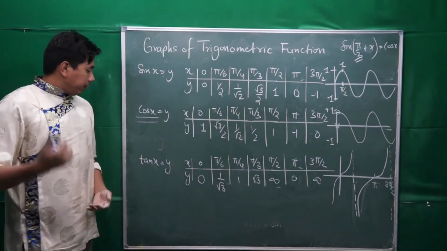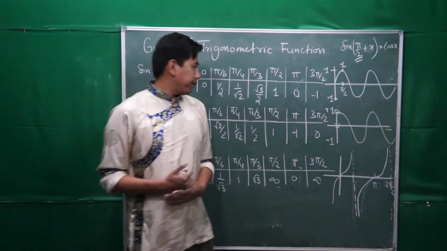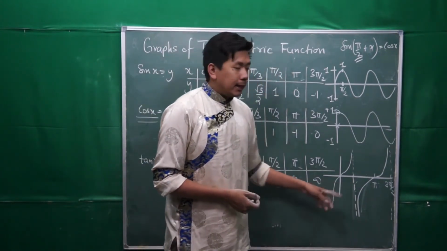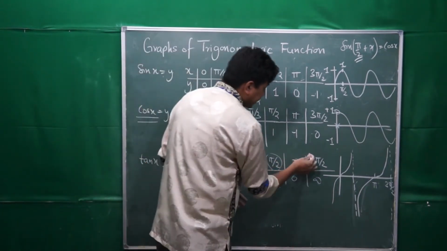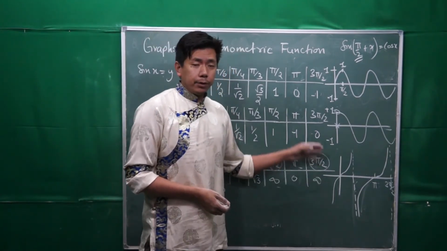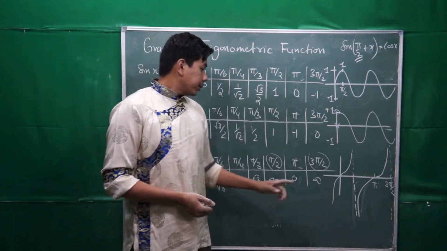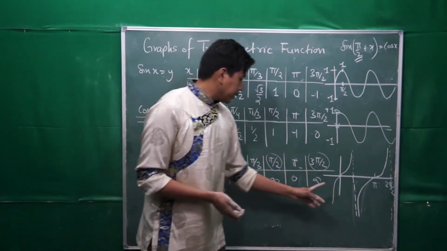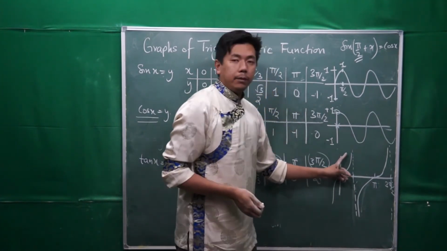Now for the tan trigonometric function, whose graph is slightly different compared to the sine and cos functions. You can see over here that the tan value is infinity at 90. Similarly, it repeats after a certain interval. In this case, we have 3 pi by 2, 270 degree, where again it's infinity. If I plot this graph, I'm going to get something like this. It starts from 0 and goes up.